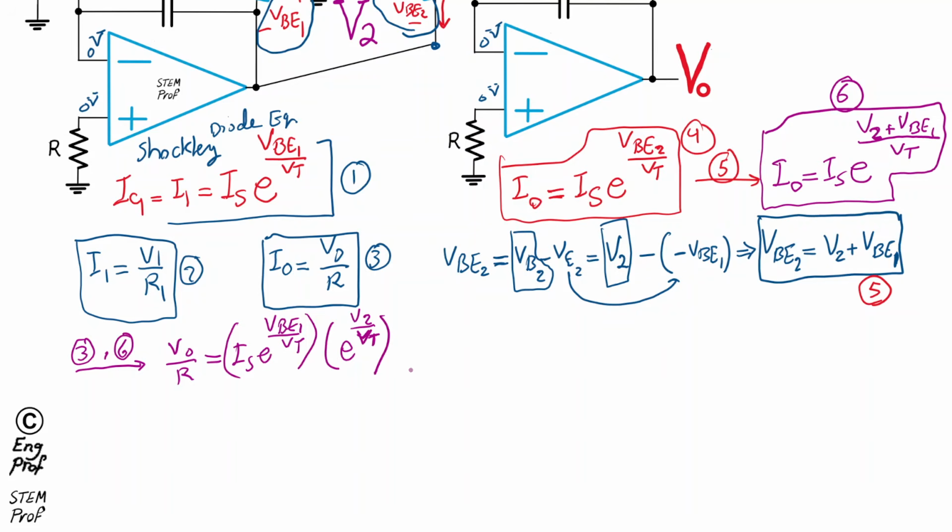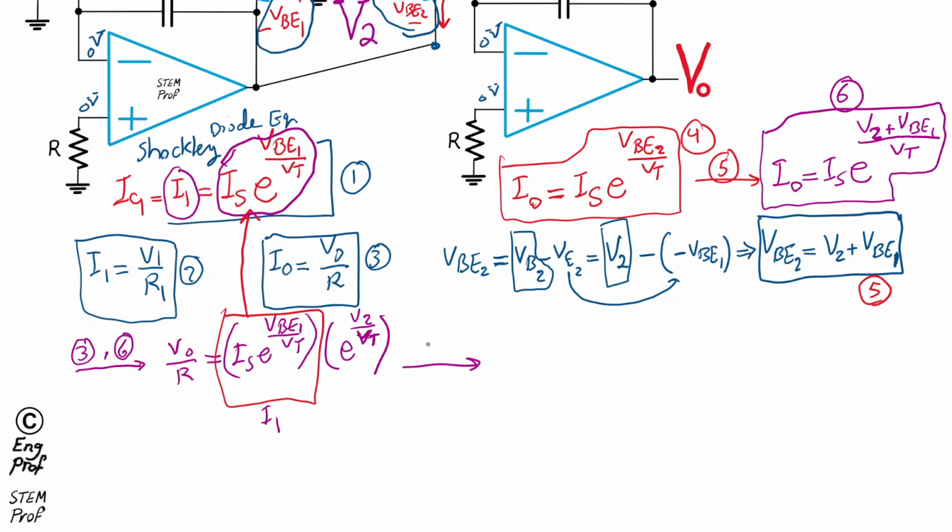Okay, so now the nice thing is you can see here, this portion is exactly the right-hand side of equation 1. So basically, I just showed that we have I1 here.